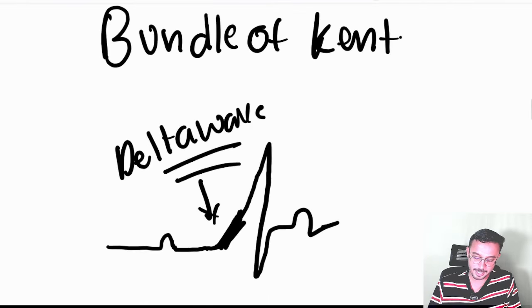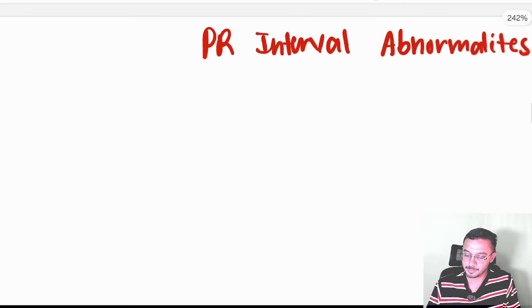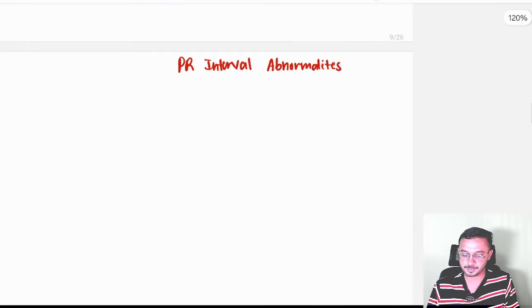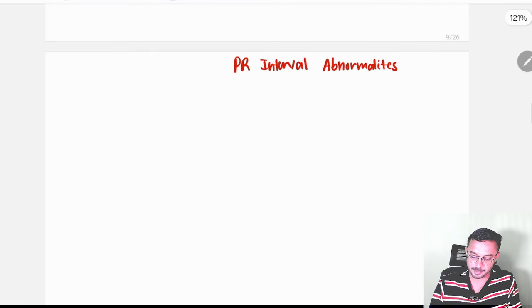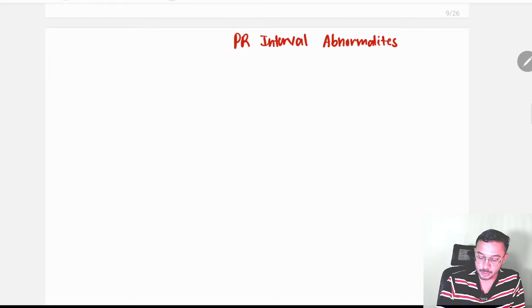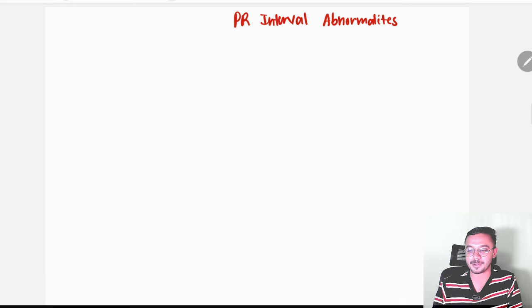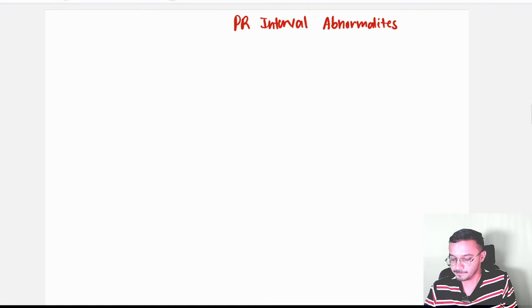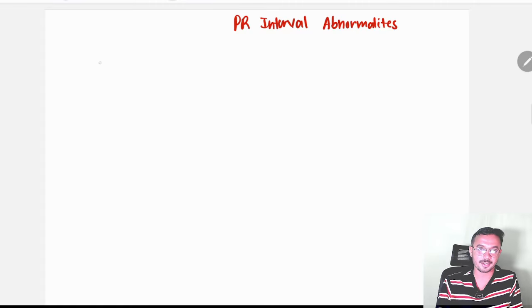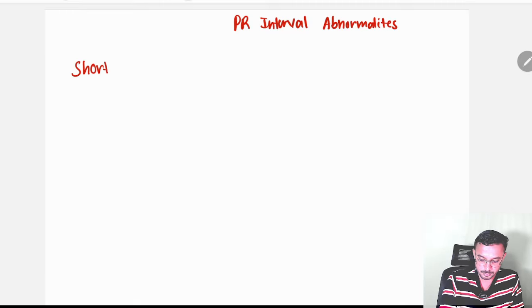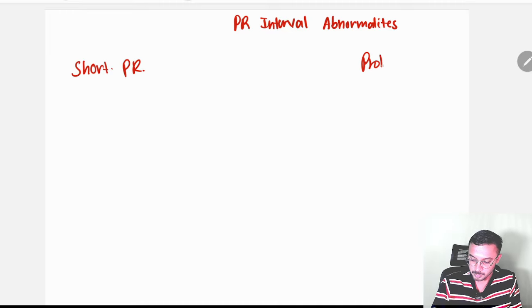Okay, next we move to PR interval abnormalities. Let's study over here. The duration of a PR interval is 120 to 200 milliseconds. We have two types: short PR interval and prolonged PR interval.